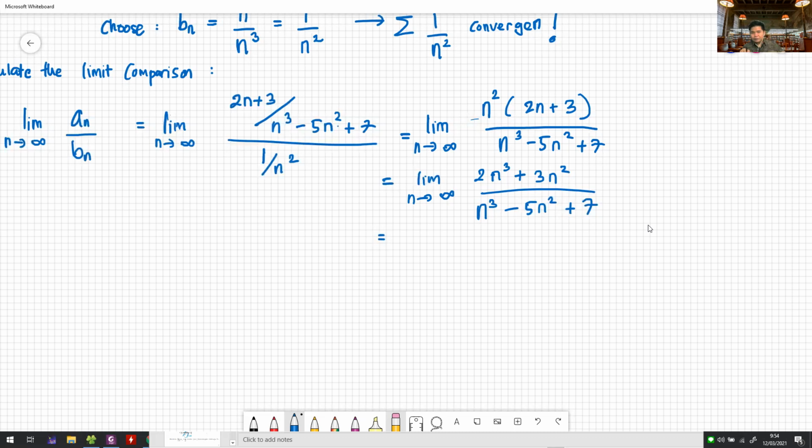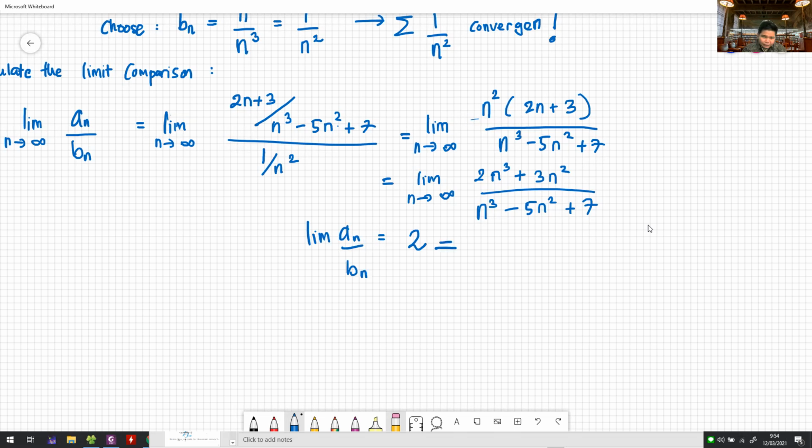We did discuss this on the previous meeting, also in Calculus 1. Jadi berapa? Dibagi dengan pangkat tertinggi ya. So what do we have? 2. So the limit of AN divided by BN is actually 2.